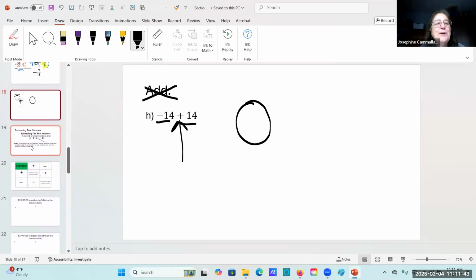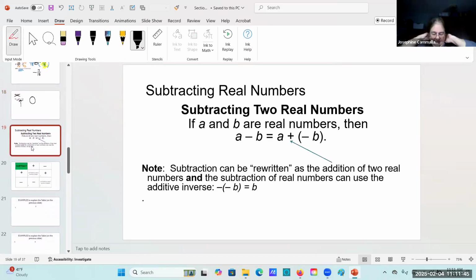Now, this is where the fun comes in. This is where you have to apply the rule that we learned in the last section. Remember, negative, negative? Well, what's happening here is this negative sign is really a positive plus a negative number.